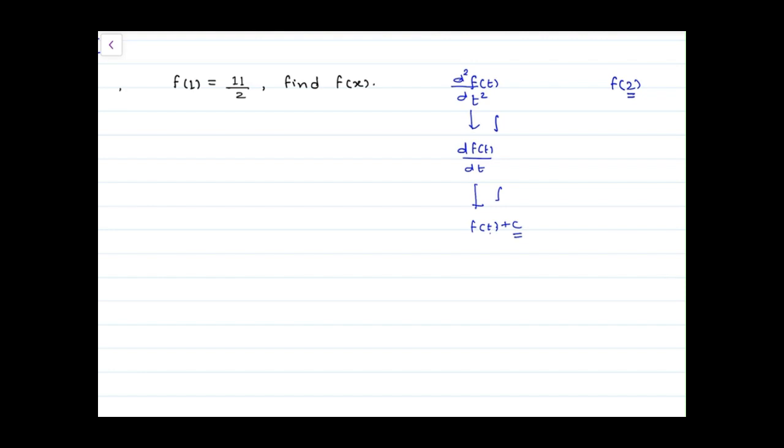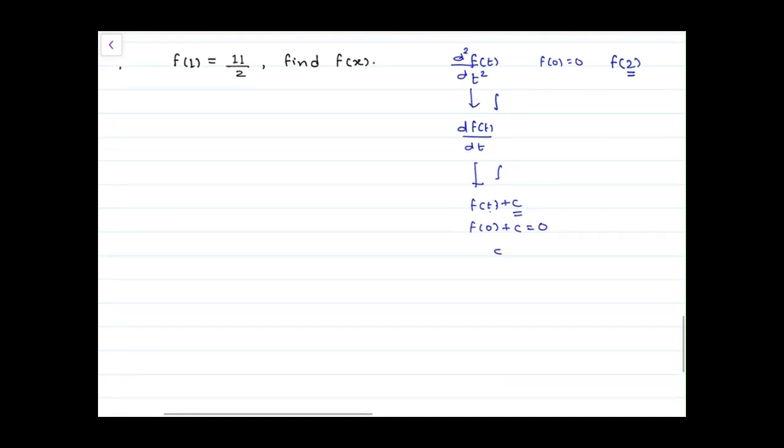Okay, and this will help you lifetime. So whenever you solve a question like this, you need some initial information, right? In the question it is given as f of 1 equal to 11 by 2, right? By using that information you can solve the equation and you will get the value for c as I solved it here.